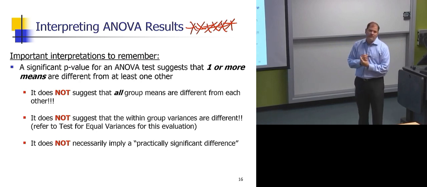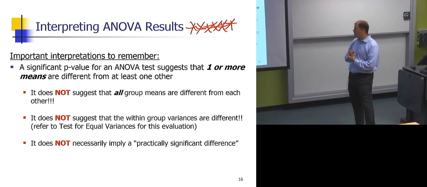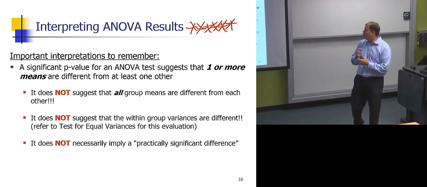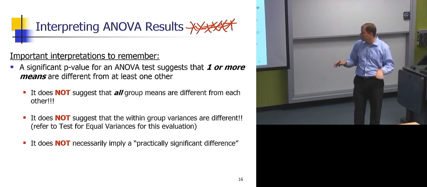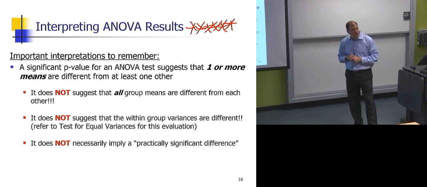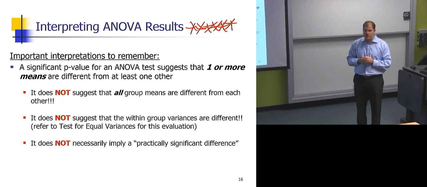When I tell you a p-value for something, let's talk about what it is and what it is not. A low p-value from an ANOVA test does not tell you that all means are different from all others. This is not true. It does not suggest either that the within group variances are different. People hear the word ANOVA and they think that the result tells them that the variances are different.